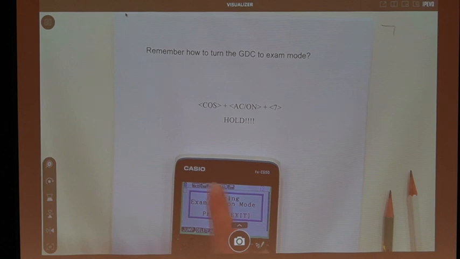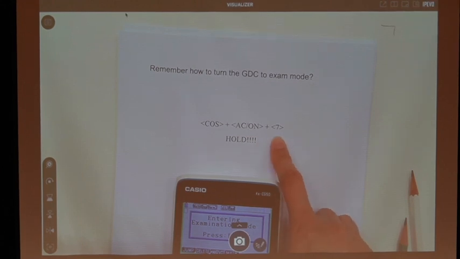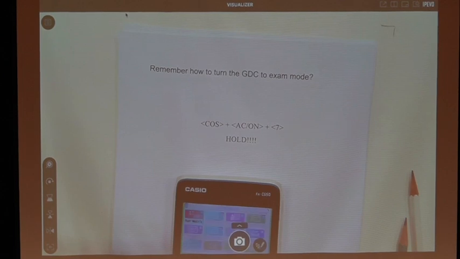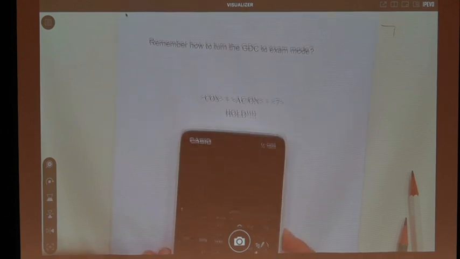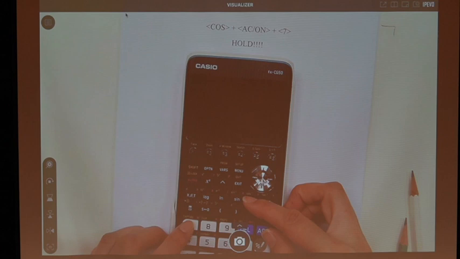You will have a green border from now on. You don't have to take a picture of it, I will share that later on. You can take notes on it. So switch it off, all three buttons together, so you might need two hands. Cos, on and 7, hold.